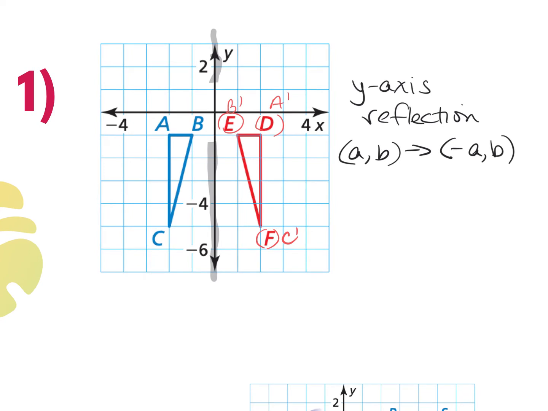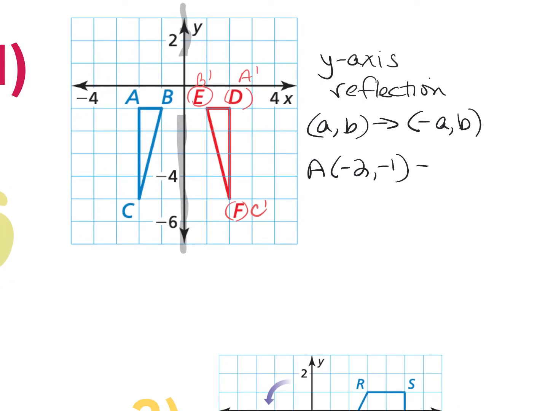So my original A was the ordered pair -2, -1. My reflected A, which in this picture they called D, is going to be the opposite of X, but Y stays the same. So the line that you're reflecting it across, that coordinate stays the same.